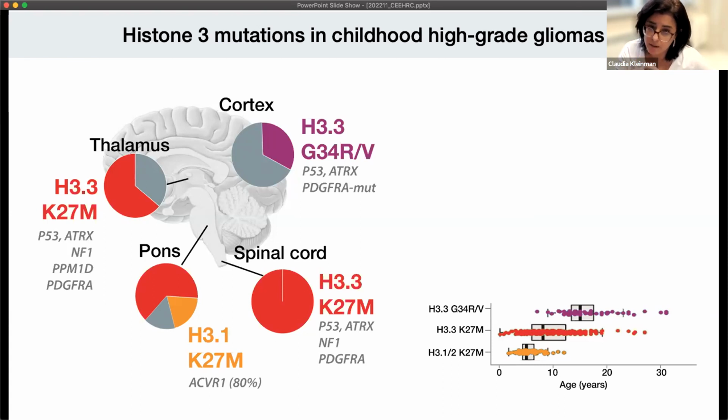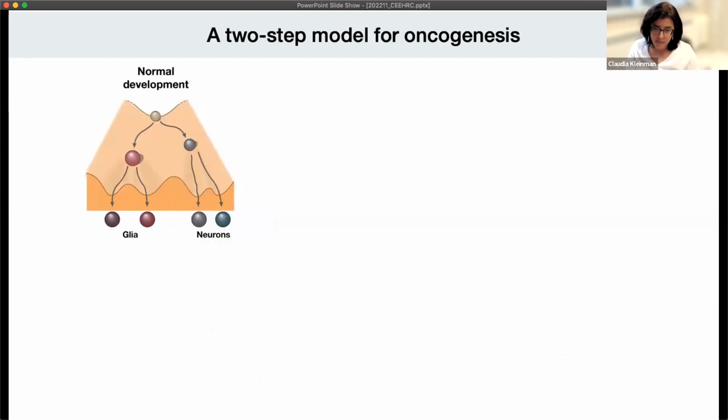What makes some contexts more permissive, tolerant, or sensitive to these mutations, so that we see them more often in patients? The model that we are working under right now is a model of impaired development and differentiation.